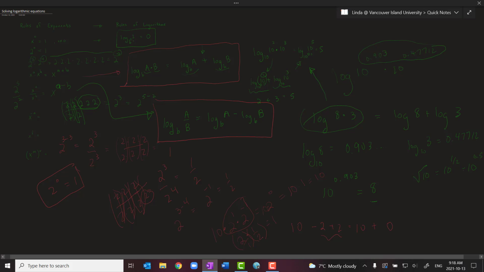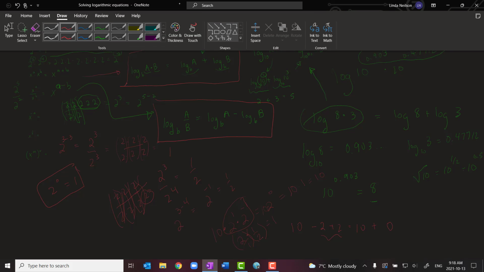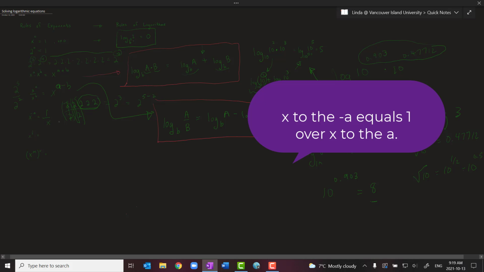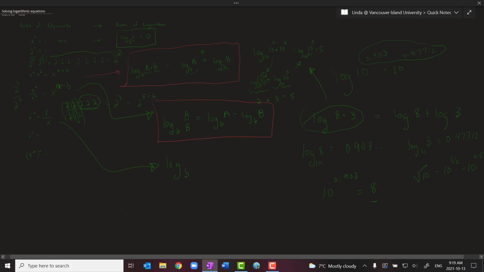Okay, that's just a big mess. Let's get rid of a whole bunch of this. So x to the minus a is equal to 1 over x to the a. And that means that log base b of 1 over x, oh, we could apply this rule. It's equal to log base b of 1 minus log base b of x.